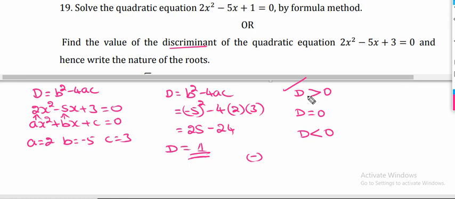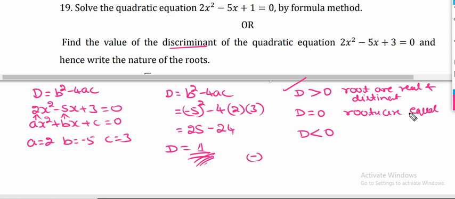So if the value of discriminant is greater than 0, we say that the roots are real and distinct. So this is the value. Are you right? It has real and distinct roots. If the answer is 0, what should you write if the answer comes as 0? If d is equal to 0, the roots are equal.